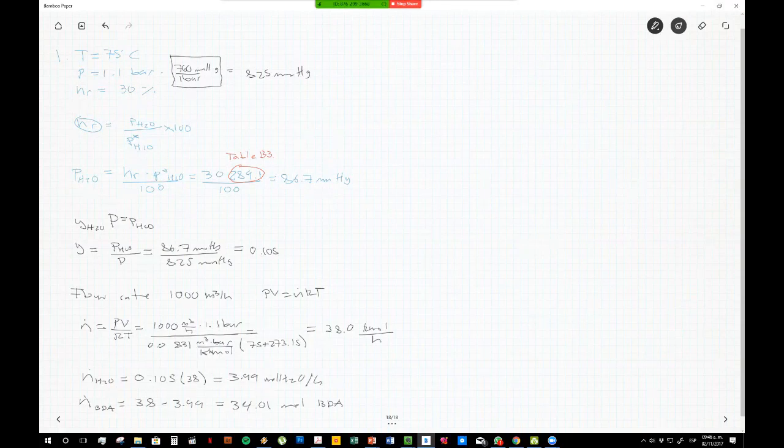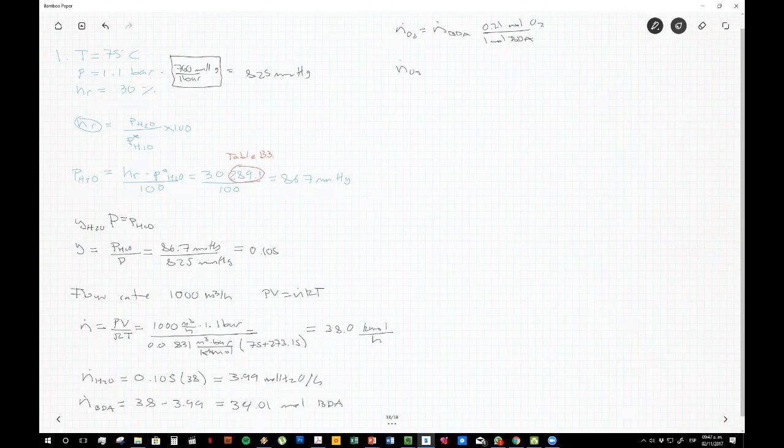Well, it's telling us that we need the amount of moles of oxygen too, right? We know that the moles of oxygen are related to the moles of bone dry air. For each mole of bone dry air, we have 0.21 moles of oxygen.